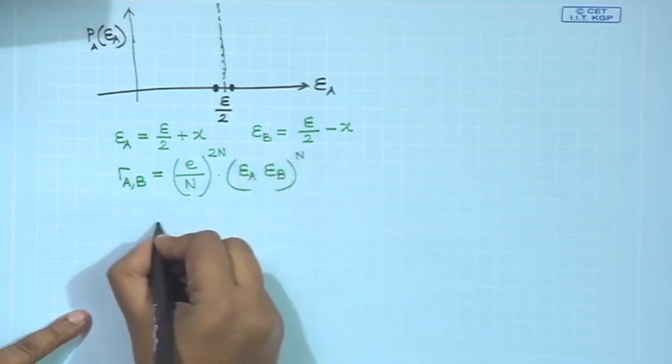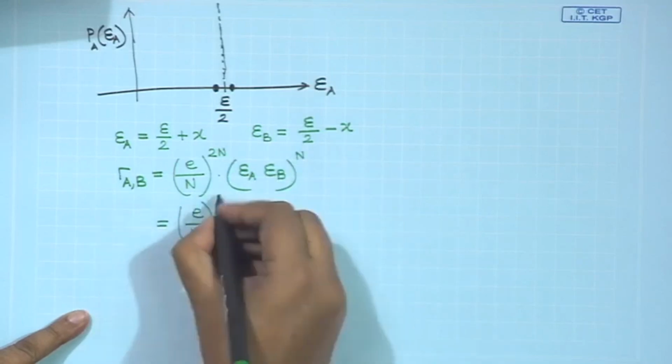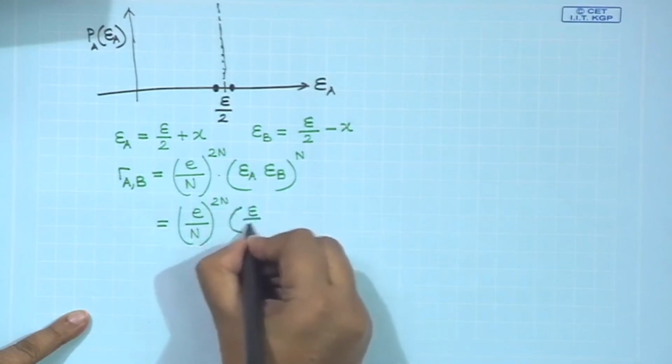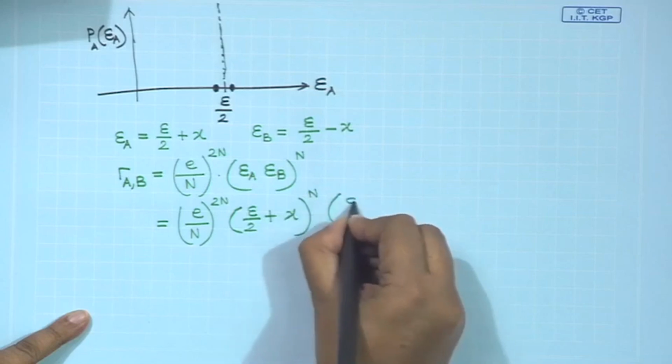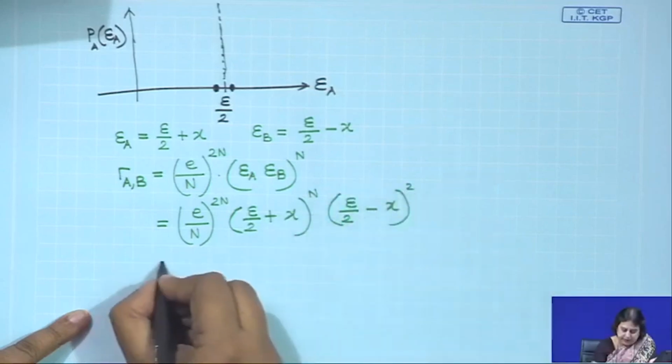And if I put these two expressions back here, what I find is this is going to be like epsilon by 2 plus x to the power of n into epsilon by 2 minus x to the power of n.